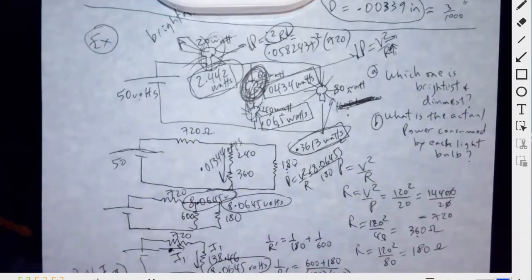So we could say as a generality that any light bulb that's forced to be in series with a higher rated one cannot fully actualize its full potential.